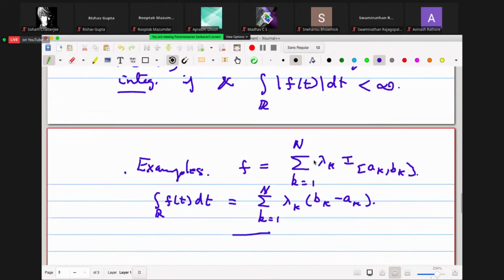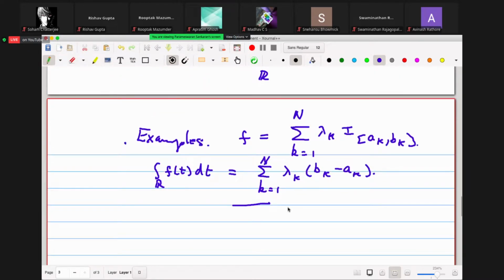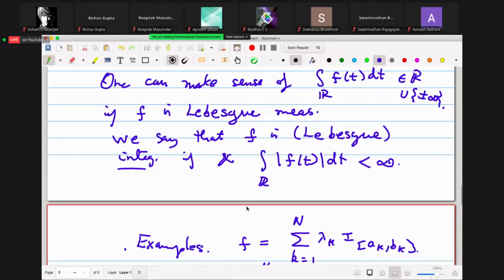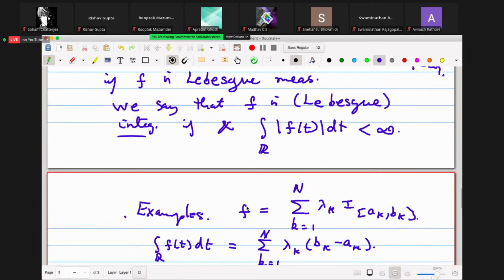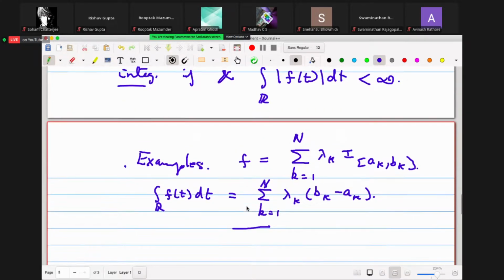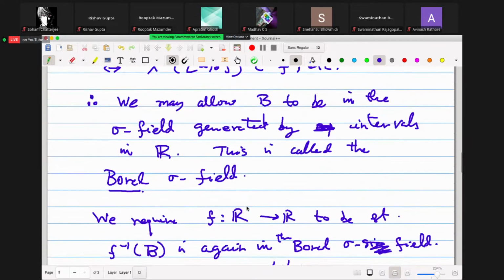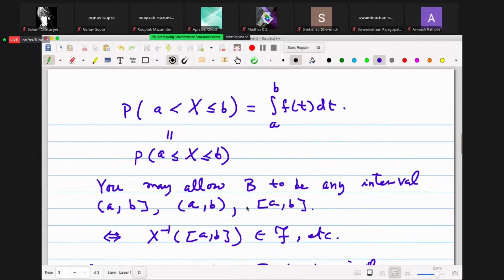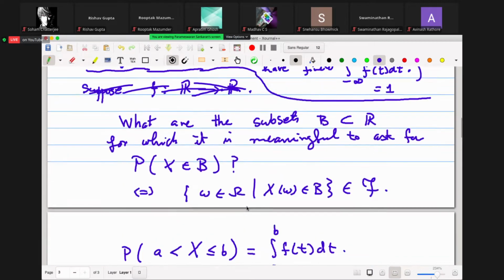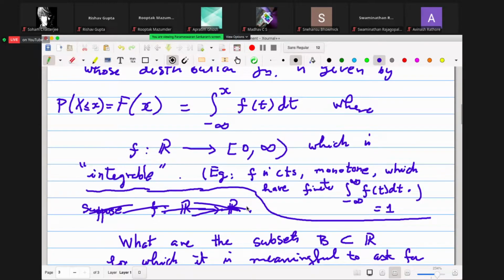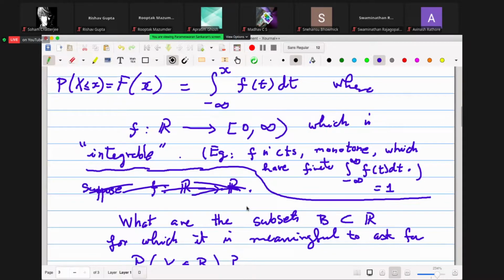Anyway, I think I have said enough about these notions. You will learn more properly, in greater detail, in an analysis course. At the moment, I am saying all these things for two reasons. First of all, f need not even be continuous. F need not even be monotone. Things can be more complicated than that.